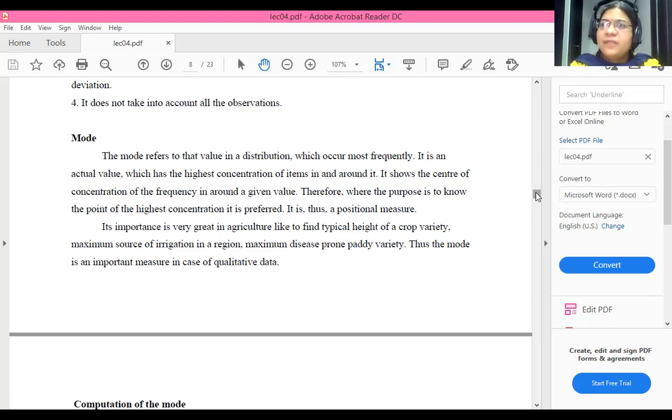If the answer is A, I mark at A; otherwise if they say B, I mark the tally for B. Then I find out where the maximum frequency is, which is the most favorite actor. Similarly for most favorite papers and such things. If I have to find such qualitative data, the mode is the most appropriate measure.